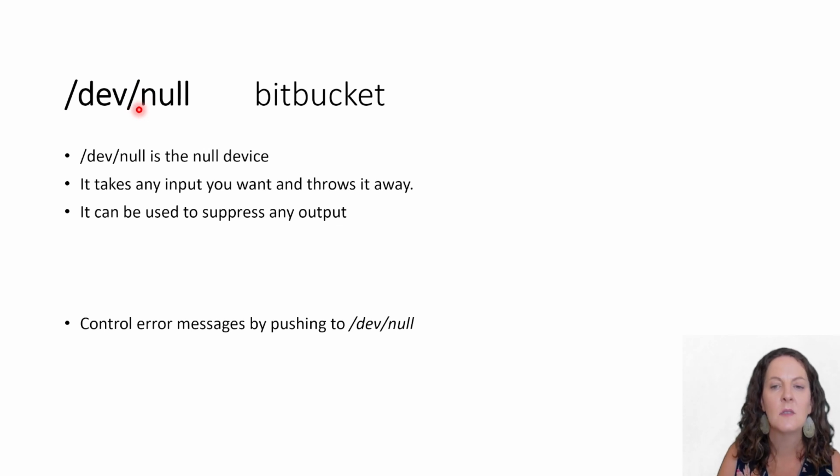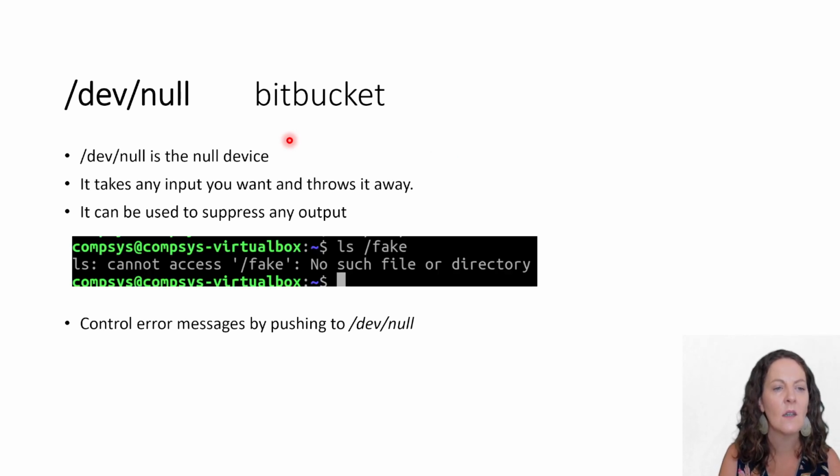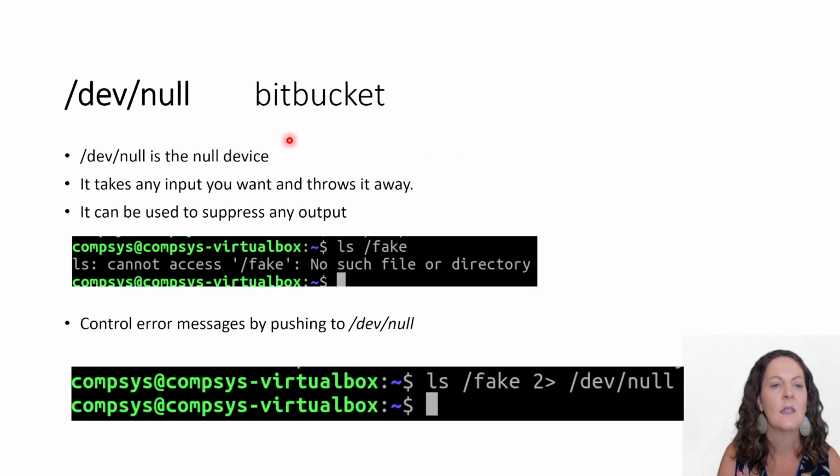So it consumes all output sent. It's like a black hole. It all disappears. So in there, if you were listing a file, instead of me seeing that, can't access, no such file or directory, I just want to get back to my command prompt so I can continue on. If the contents aren't there, just bring it back to the command.